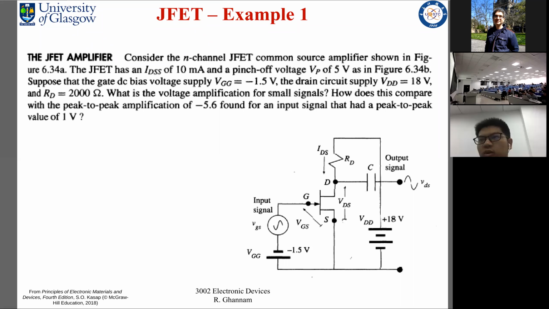The gate DC bias voltage VGG is minus 1.5 volts. The drain supply voltage VDD is 18 volts, and the output resistance is 2 kilo ohms. What is the voltage amplification for small signals? And how does this compare to the peak-to-peak amplification of minus 5.6 found for an input signal that had a peak-to-peak value of 1 volt?